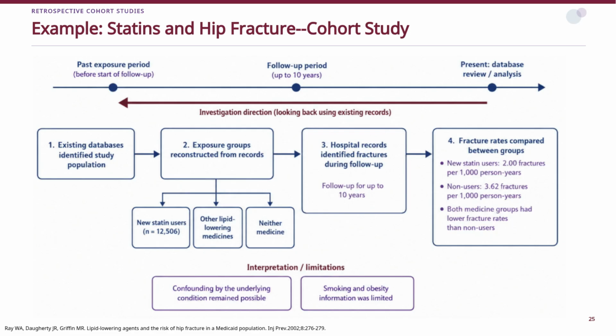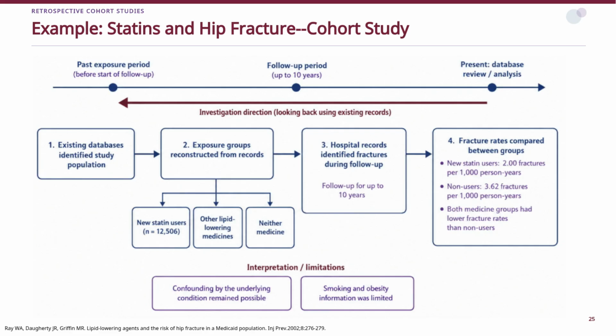The hip fracture rate was 2 per 1,000 person years in statin users, 1.8 in users of other cholesterol-lowering medicines, and 3.6 in non-users. These findings suggested that cholesterol-lowering medicines might reduce the risk of hip fracture. However, the lower risk might also have been related to characteristics of people who needed cholesterol treatment rather than the medicines themselves.